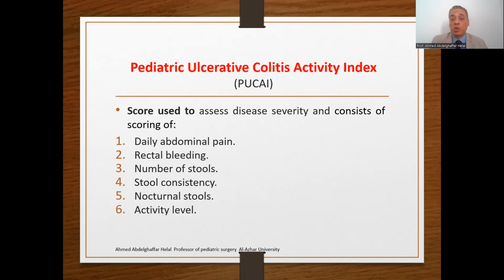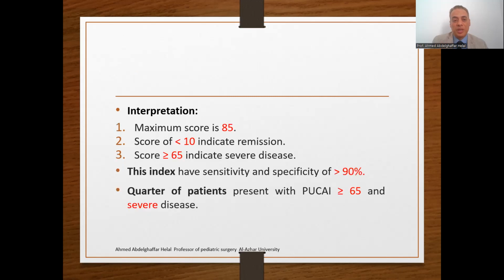There is an important score for ulcerative colitis, the Pediatric Ulcerative Colitis Activity Index. It is a score used to assess the disease severity and to follow the response to treatment. It depends on items like daily abdominal pain, rectal bleeding, number of stools per day, stool consistency, nocturnal stool, and activity level.